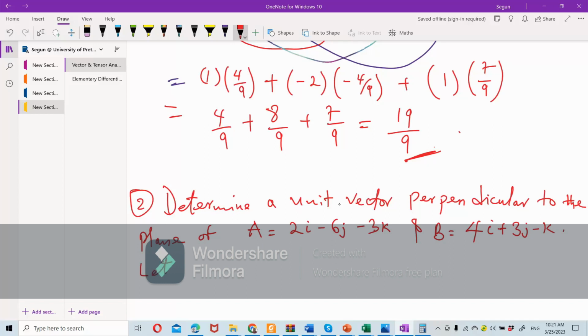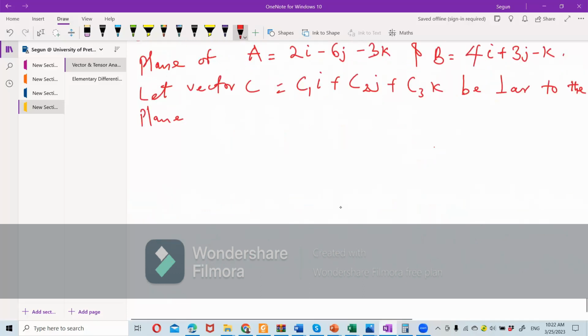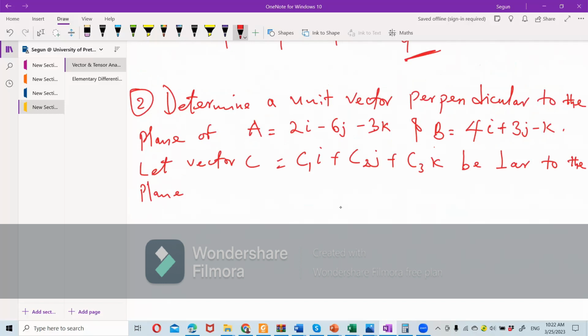Let vector C equal C1I plus C2J plus C3K, be perpendicular to the plane of A and B.